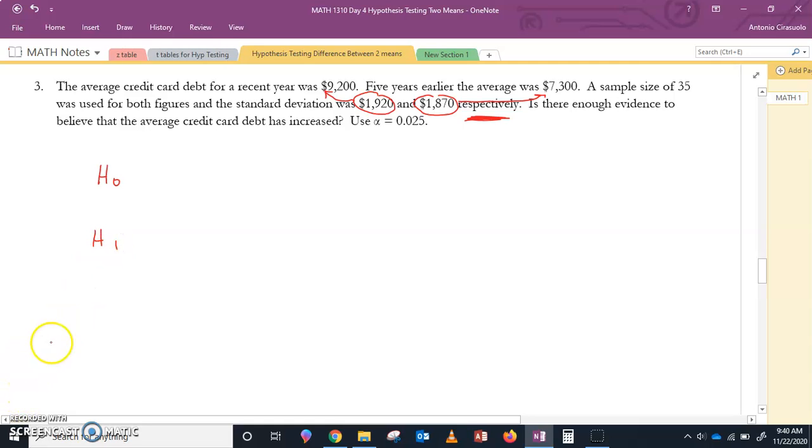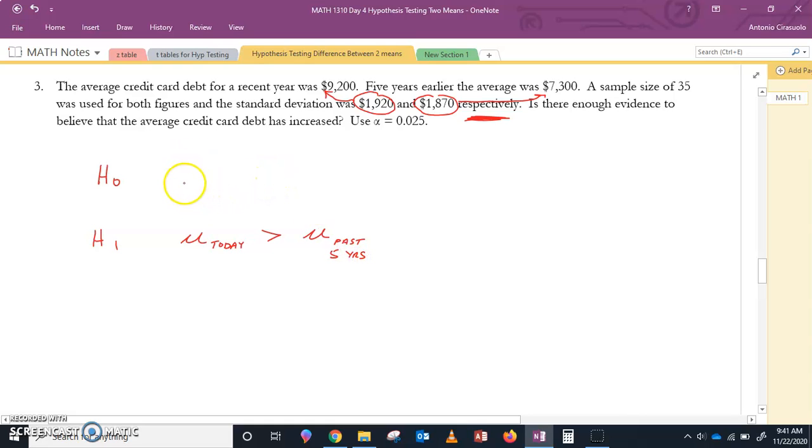And according to our statement here, is there enough evidence to believe that the average credit card debt has increased? In other words, in terms of direction, it's getting larger. So the mean of today is greater than the mean of the past, we'll say 5 years.